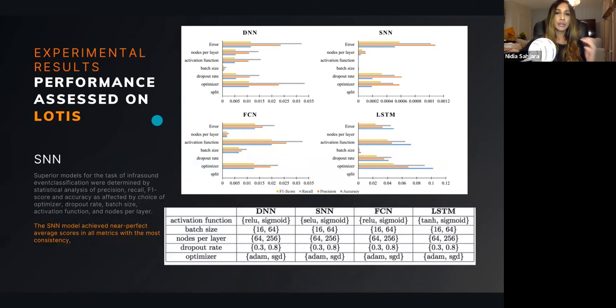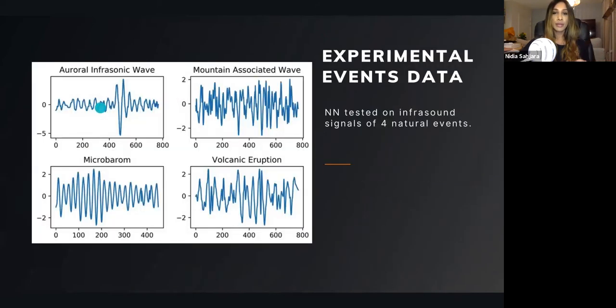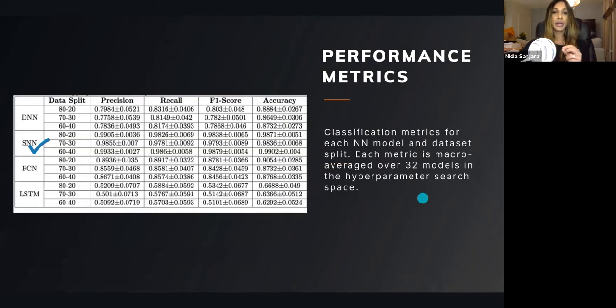So this is just a little more detail on the results. Oh, I forgot to mention, Lotus, that's the name of the actual data set that was used to get the data from the 4 events from the waves. I should have put that there, sorry.